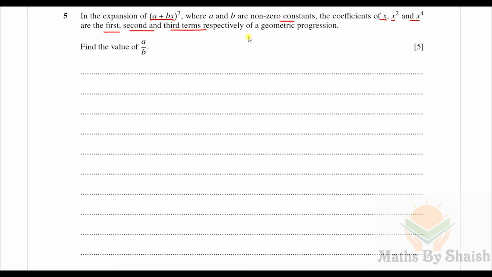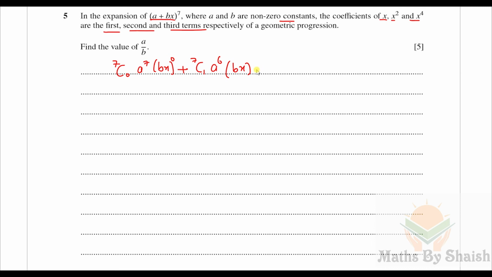Now we will use the binomial theorem here. Because it's the seventh power, the first term is 7c0 a raised to the power 7 (bx) to the power 0. Next one is 7c1 a raised to the power 6 (bx) to the power 1, which gives us the coefficient of x.